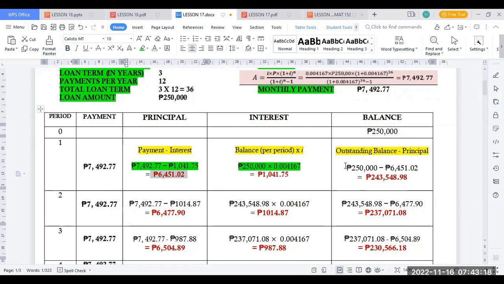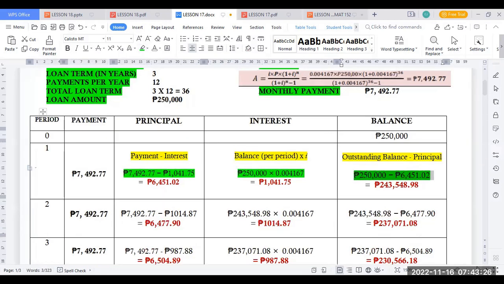So 250,000 minus the principal 6,451.02, and that is equal to 243,548.98. So yan yung balance mo for the period 1 or for the first month after paying for the first month. Ang binayaran mo is 7,492.77.